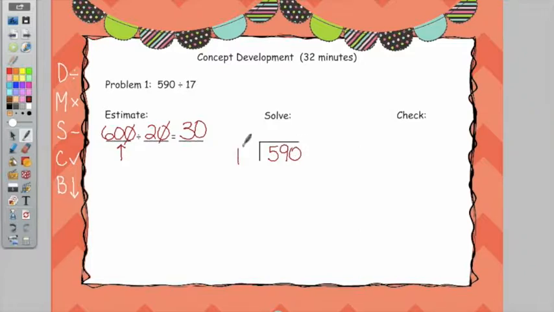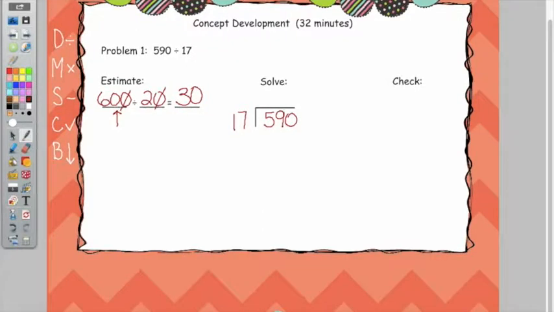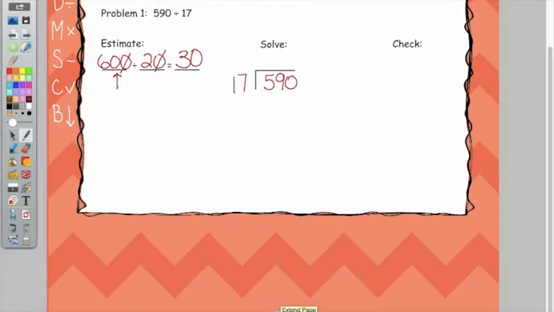590 divided by 17. Okay, so what will we skip count by? 17. I'm going to move this down a little bit. Okay, so 17, what comes next? 34. I'm not going to go all the way to 590, so don't stress about it, okay? What's the next one? I have it memorized. Is that right?